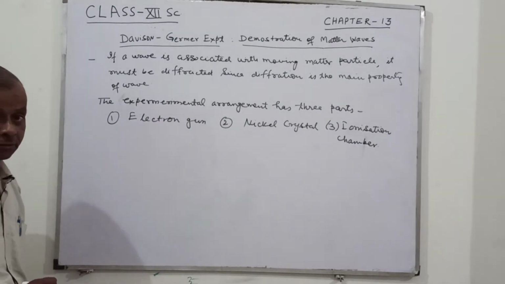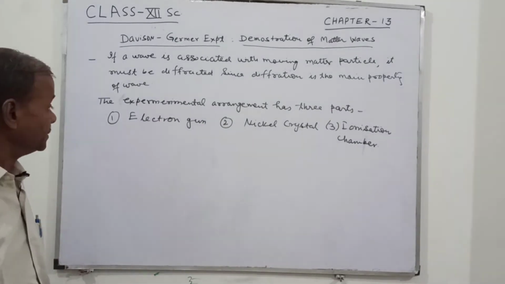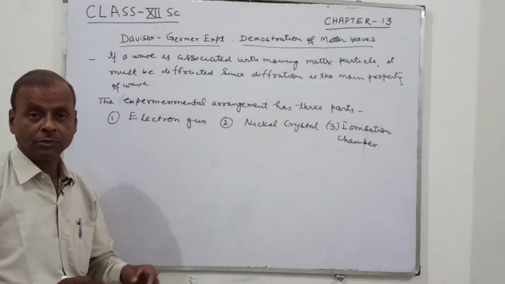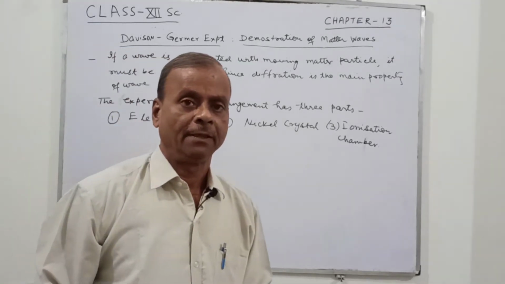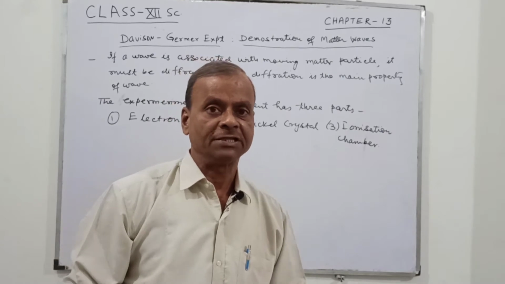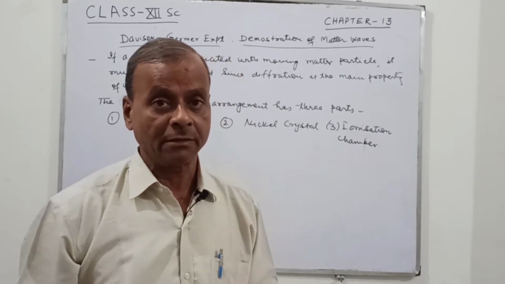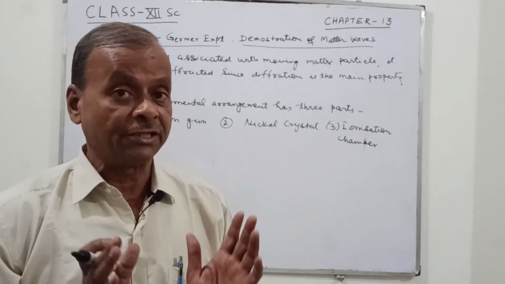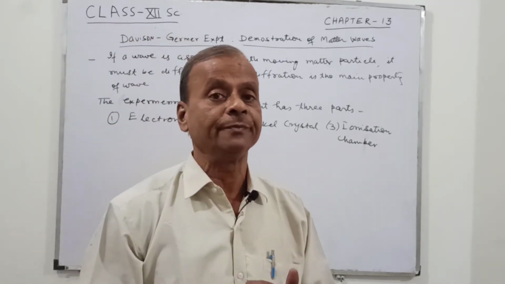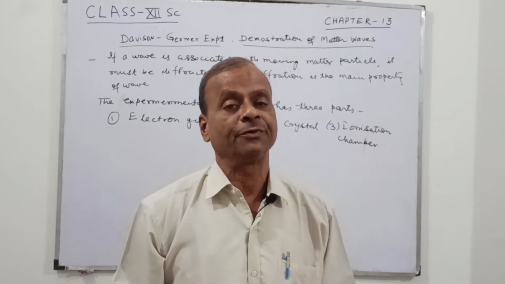Here, the electron gun, as the name suggests, is a gun. A gun means something that accelerates a particle. In a gun, the bullet is accelerated by the trigger. And in this experiment, the meaning of gun is that the electron beam will be accelerated by applying a potential difference.